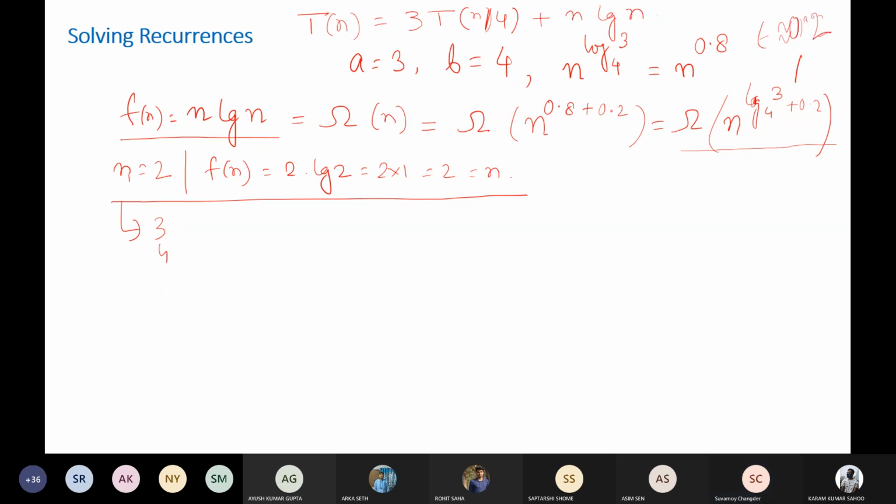So the first condition is satisfied. Next, what is another condition? That is given as a into f(n by b) must be some constant into f(n). So let us check whether this is true or not.